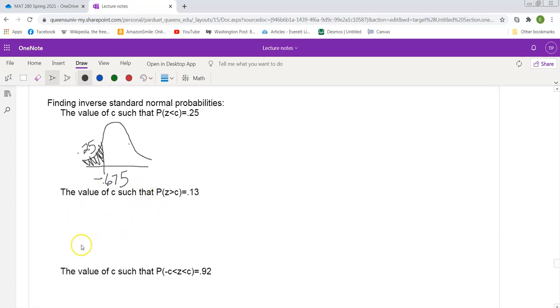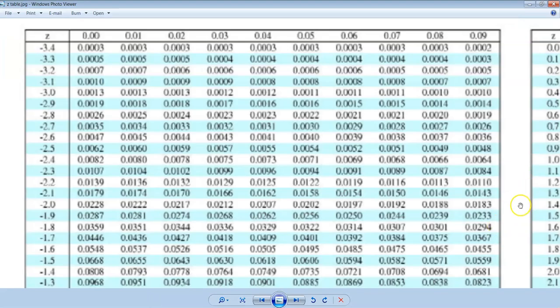For this greater than, we're going to do the same thing, except if we've got 13% above this value of C, we've got to convert that to a less than. So we're looking for 1 minus 0.13 or 0.87 to the left. So we're going to look up 0.87 in the middle of the table.